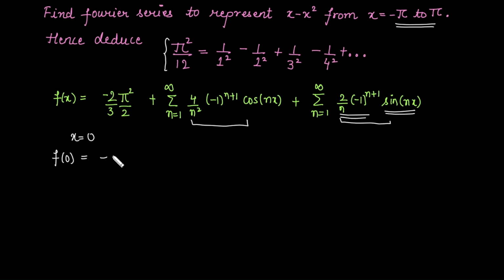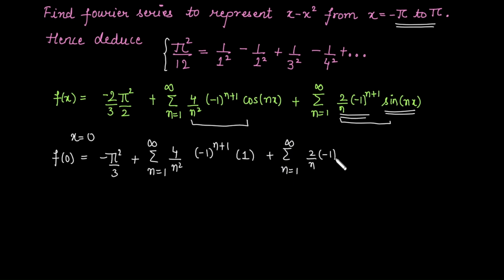This is equal to minus pi square by 3 plus summation n from 1 to infinity 4 by n square minus 1 raised to power n plus 1, cos of 0 is 1, plus summation n from 1 to infinity 2 by n minus 1 raised to power n plus 1, sin 0 is 0. 0 into something is 0 and its summation is also 0.